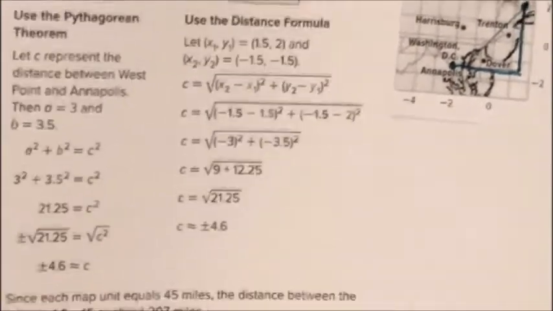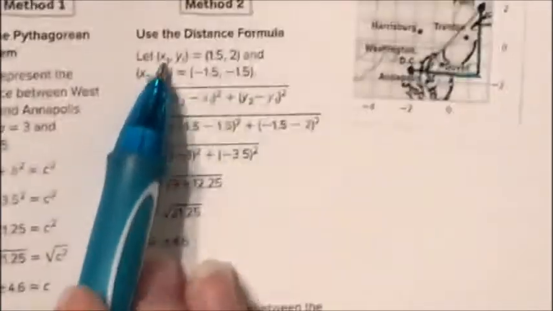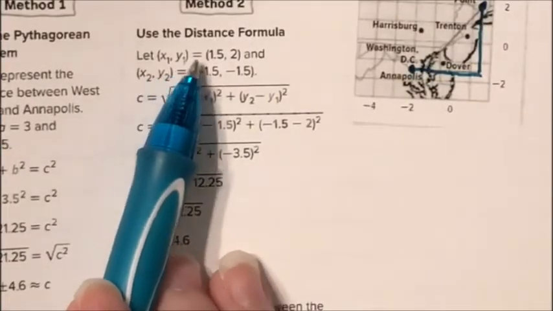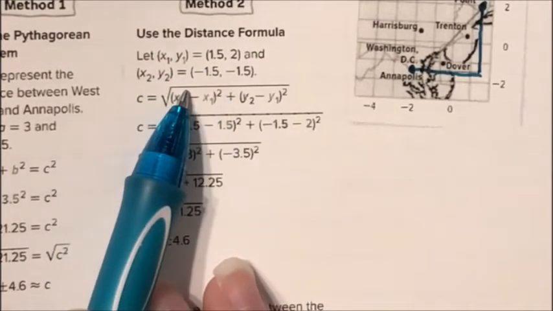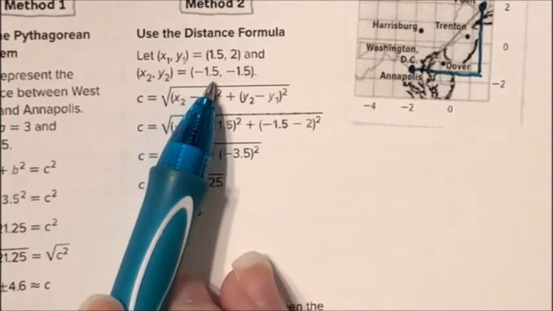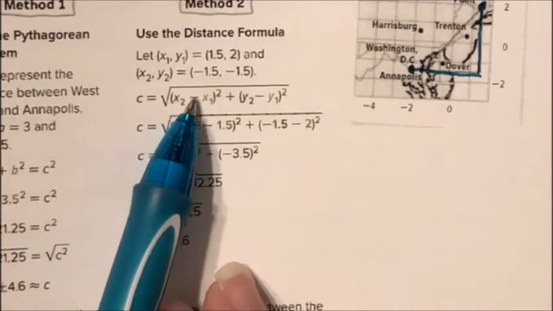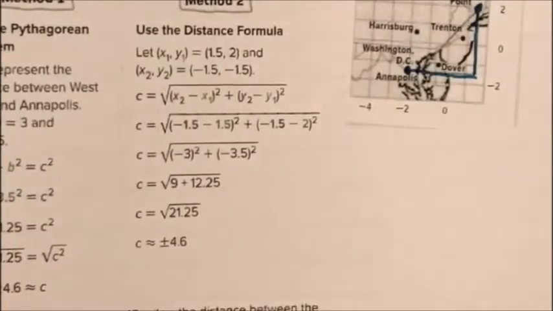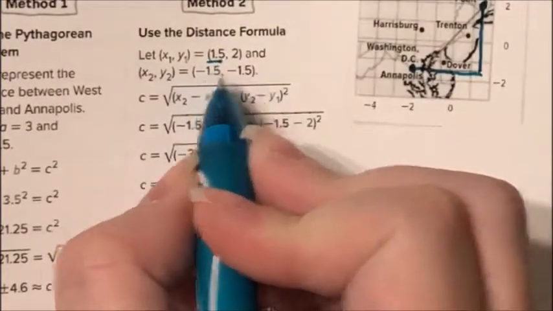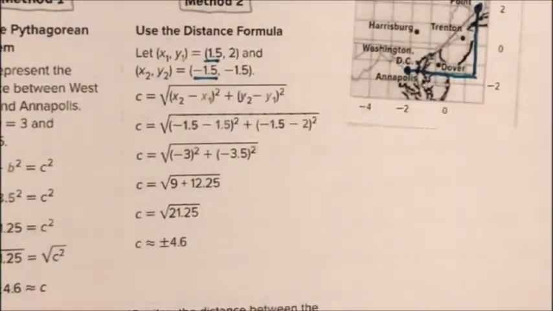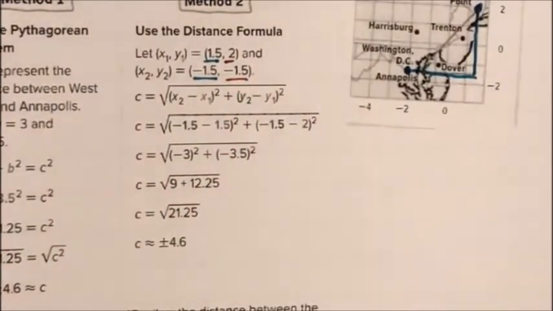The other way I can do it is using the distance formula. So I let (x1, y1) be my first coordinate point, (1.5, 2), and (x2, y2) be my second coordinate point, (-1.5, -1.5). I take my x values and subtract them, and my y values and I subtract them.